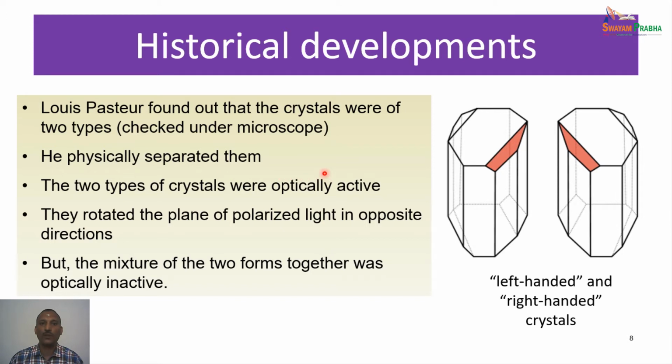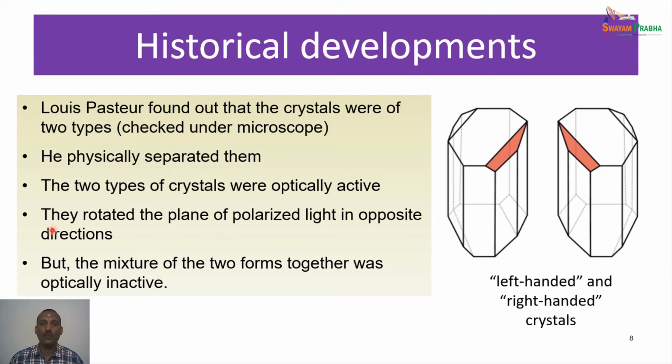He first painstakingly identified each crystal and separated the left-handed crystals from the right-handed crystals. He then took one of the crystalline substances and studied its optical activity, and found that both the crystals were individually optically active.